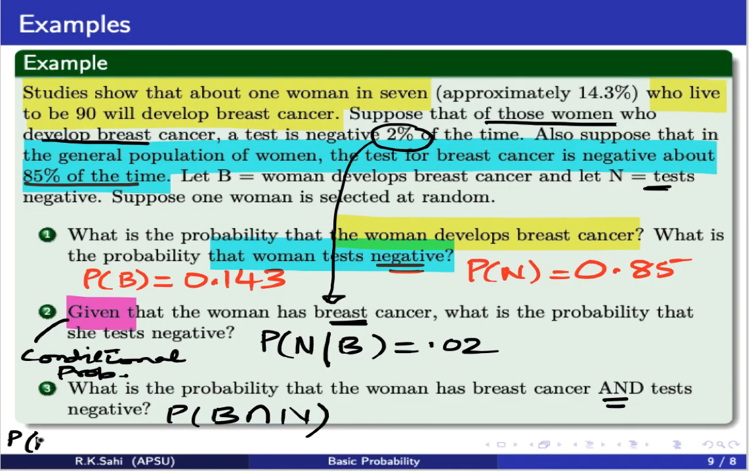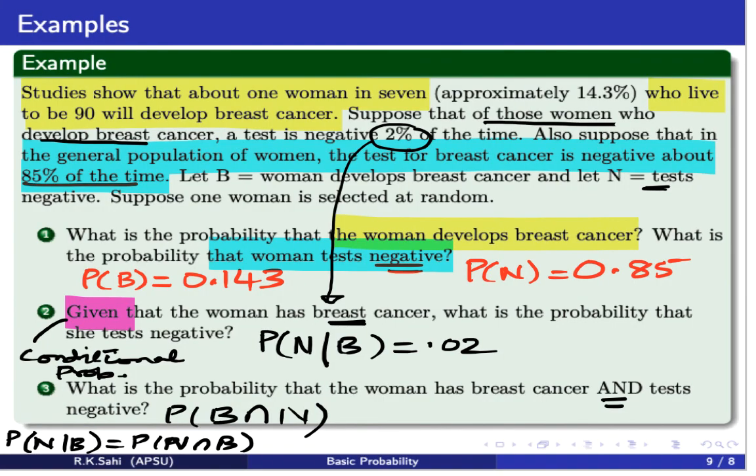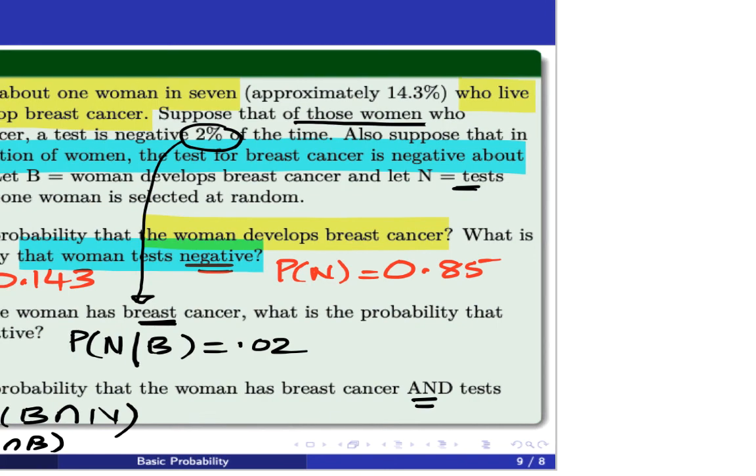Probability of N given B is probability of N intersection B, or B intersection N. Let me just write it on the more spatial scenario page here. Okay, let's come back over here. Let me write it over in here.